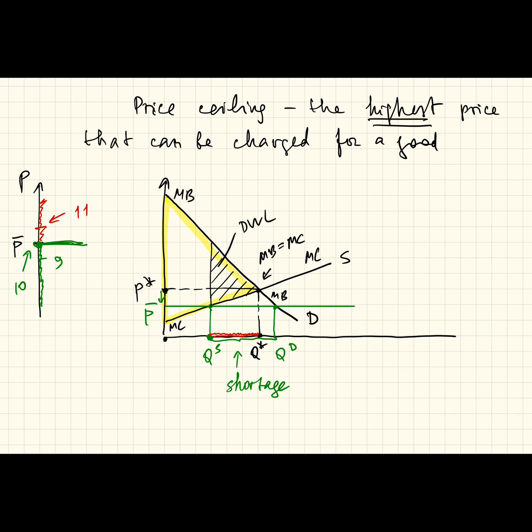I hope you remember. You just take the base of this triangle, which is this, and multiply it by its height, which is this, or Q asterisk minus QS, and then you divide this product by 2, and that will give you the area of deadweight loss. So it's height times base divided by 2.